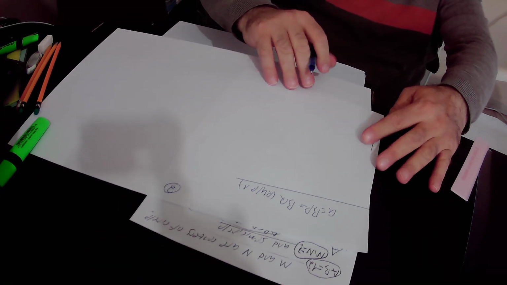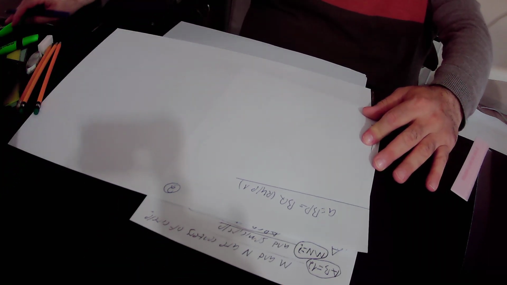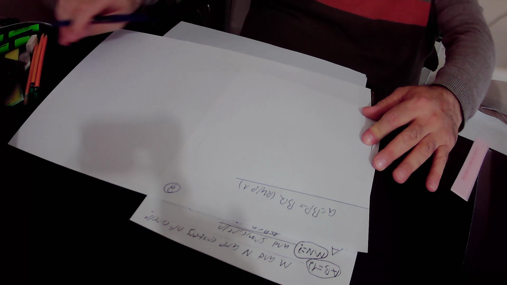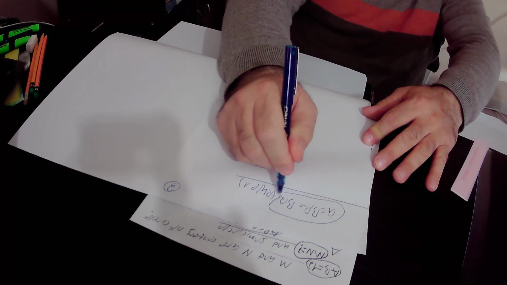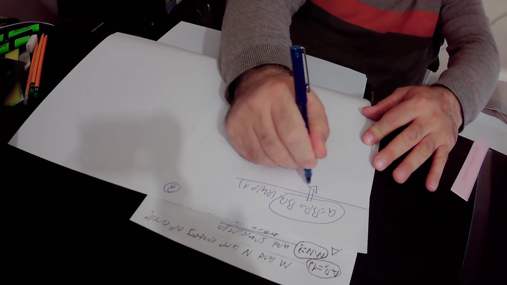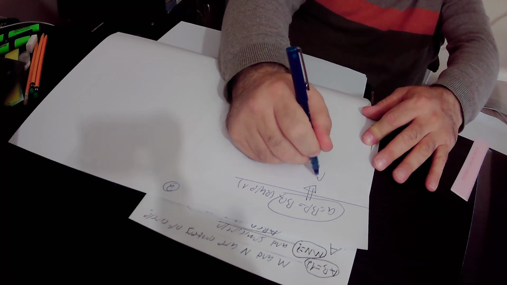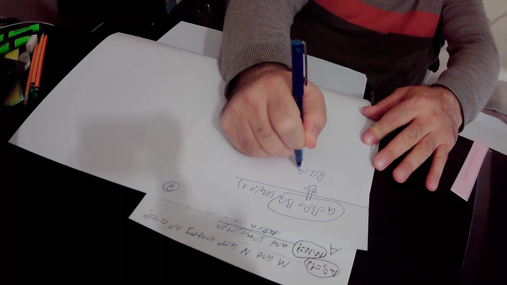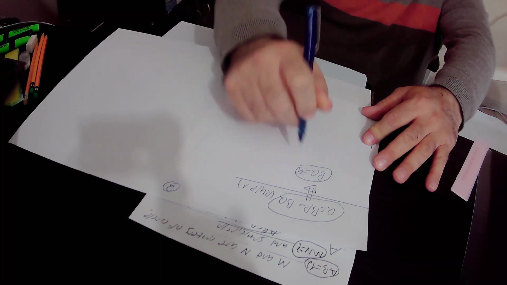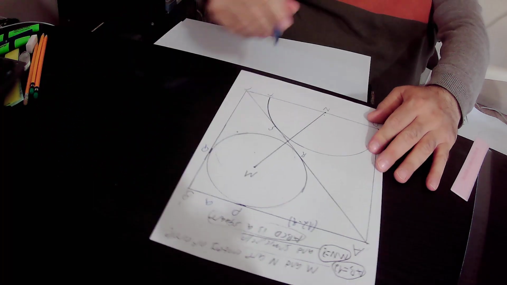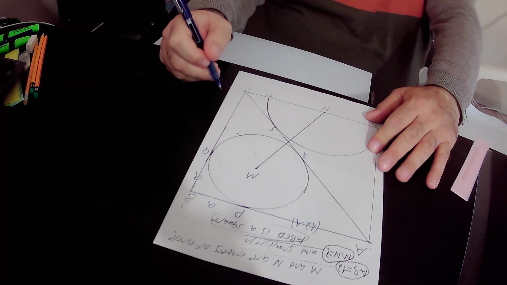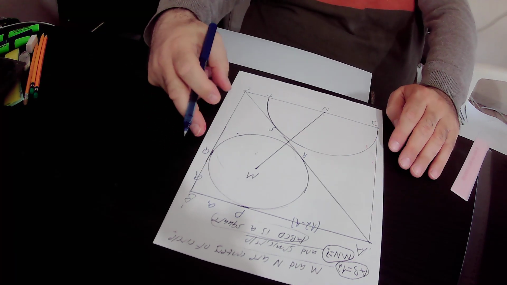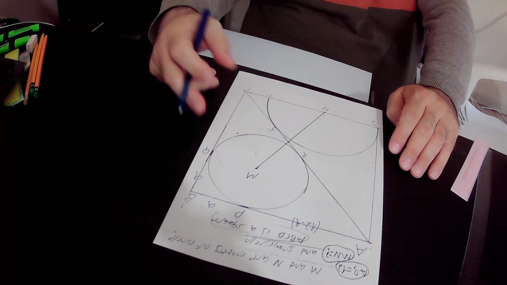And from this equation, A equals BP equals BQ, we will derive that BQ is also equal to A. Okay, BQ is also equal to A, so we can write here that BQ equals A. And what is the value of line segment QC?